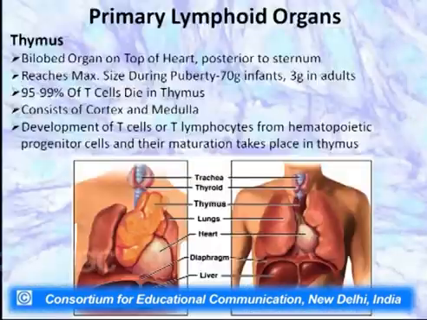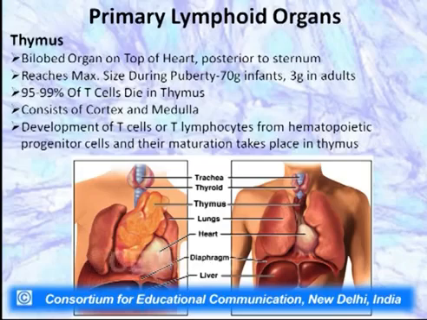Now, 95 to 99% of T cells die in the thymus. As I was telling you, within the thymus there is a follicle present. In the thymic follicle, the central region has a lot of T lymphocyte elimination. All those T lymphocytes which would attack your own body's cellular peptides are of no use to us.